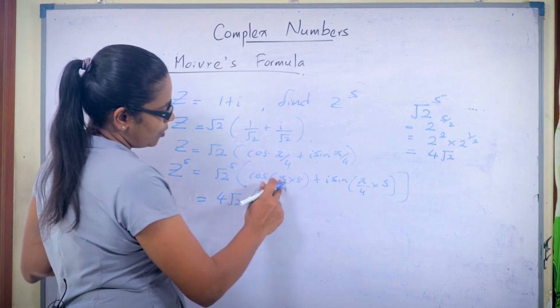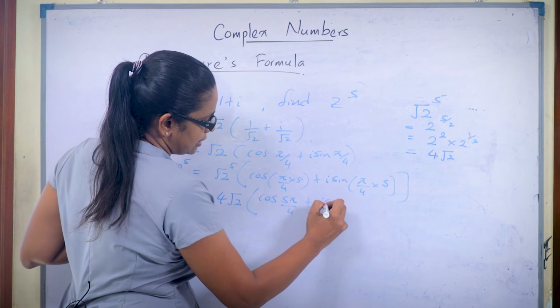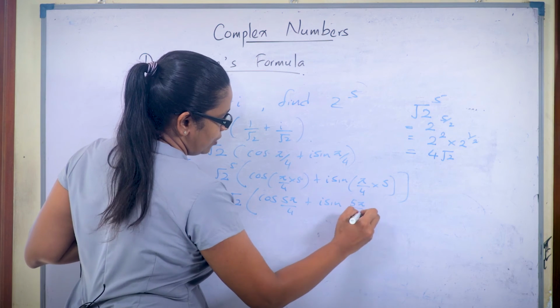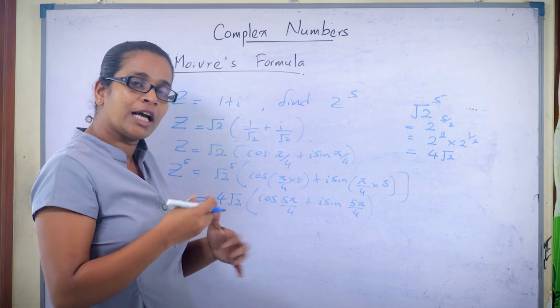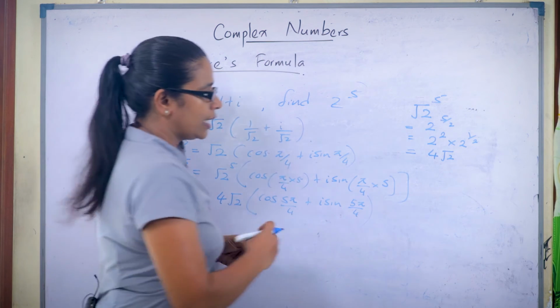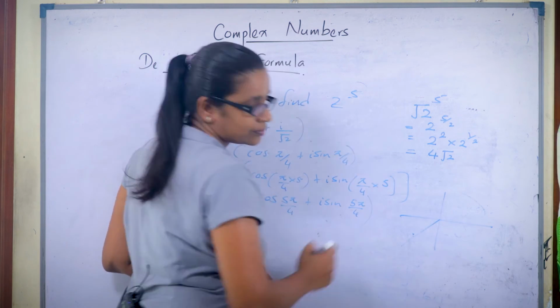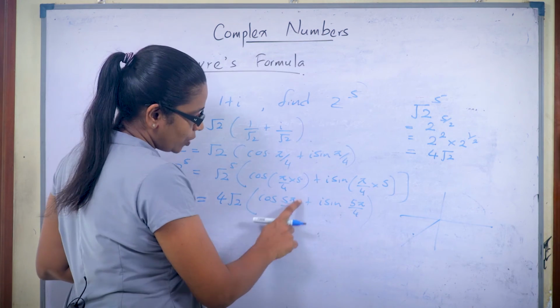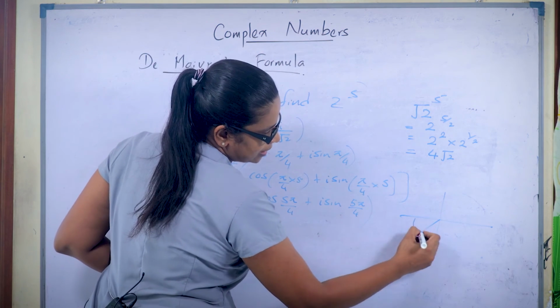Okay. Then what about this one? Cos 5π/4 plus i sin 5π/4. Try to find out this value. This means 5 times 45 degrees. That means it is somewhere here. Okay. So you can find the value here. It should be this one.